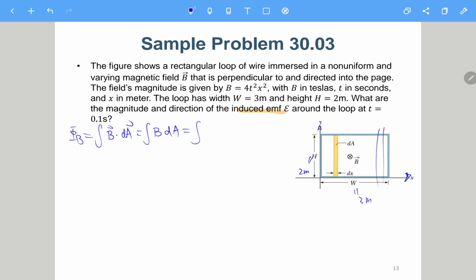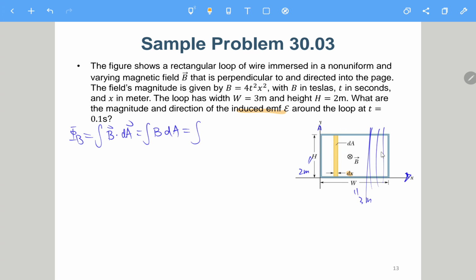So we just need to cut it like this. Within this one, this is dx, the width is dx. If this dx is small enough inside this rectangle, the B field should be a constant at a specific moment.